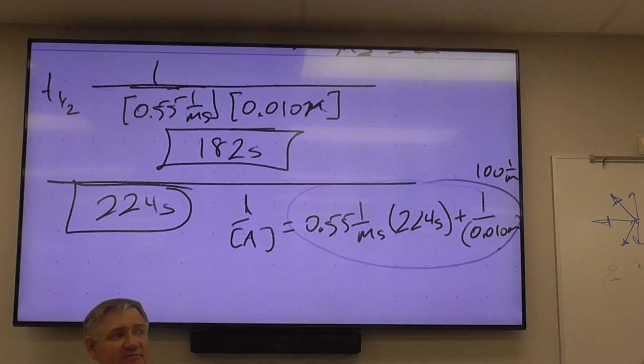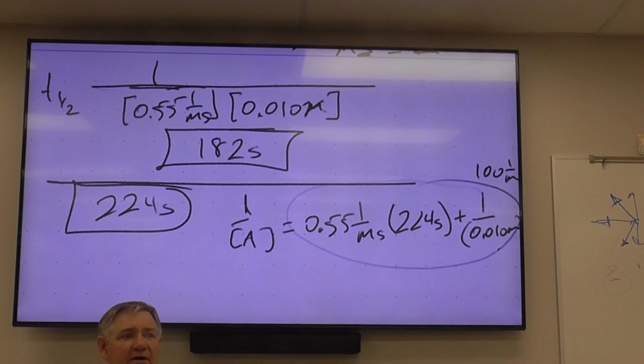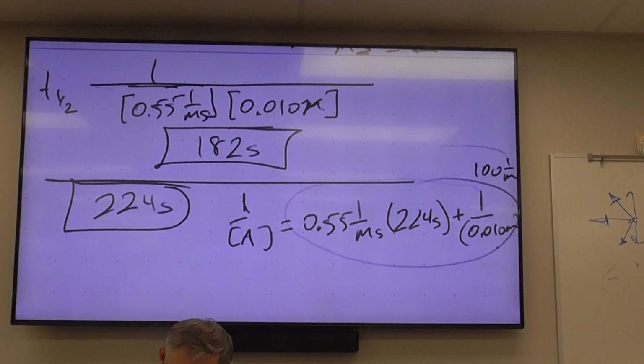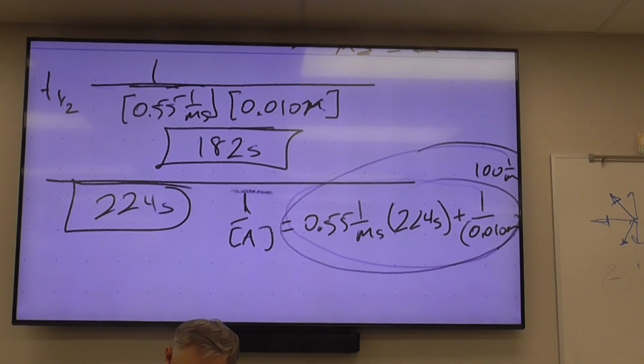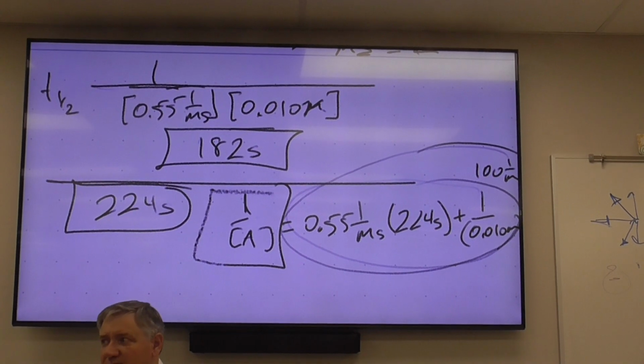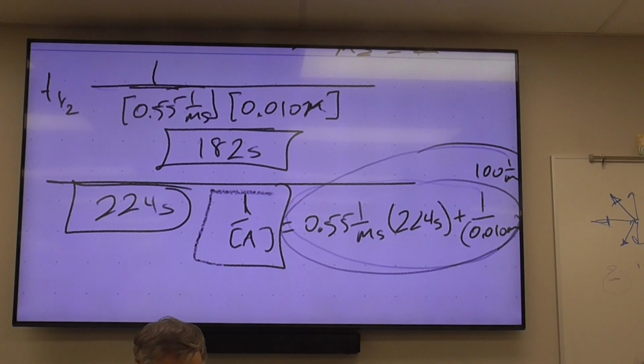So that saves you from recalculating that each time. It's just going to be 100. Now, you're going to get this side, but that equals 1 over A. So how are you going to undo that? Yeah, you have to take the inverse of it, because that isn't A, it's 1 over A.